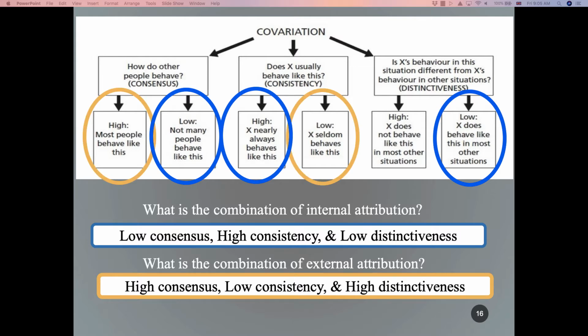A low consistency. You don't always behave like this. And a high distinctiveness. You don't always behave like this in all situations. So depending on the contribution of consensus, consistency and distinctiveness will be dependent on whether you make an internal attribution, it's to do with yourself, your personality traits, or an external attribution if it's to do with the environment.